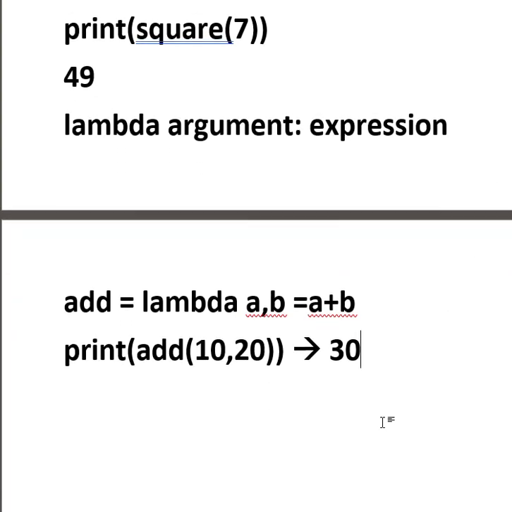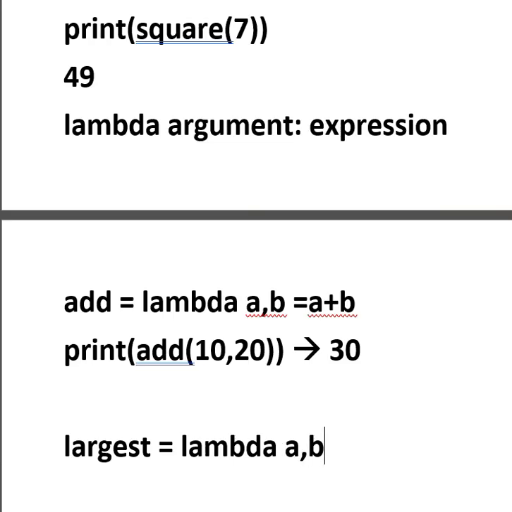Next we need to find the largest number, so I'm taking largest as the next example. largest is equal to lambda a comma b colon a if a greater than b else b. It will continue in a single line.